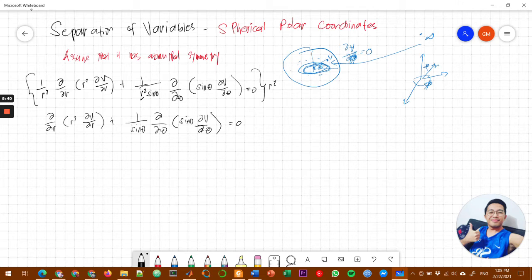So, let's say the solution is V of r theta equals R of r times alpha of theta.